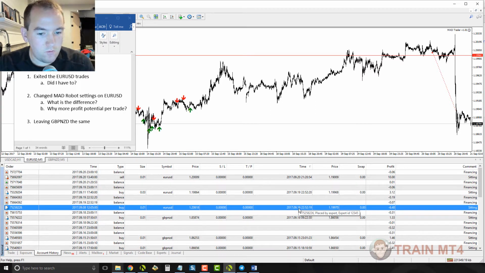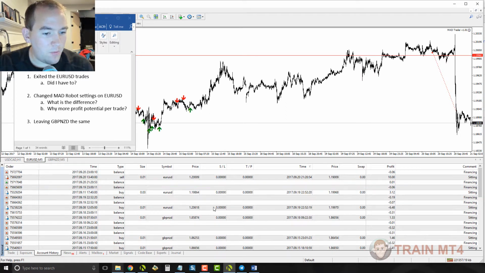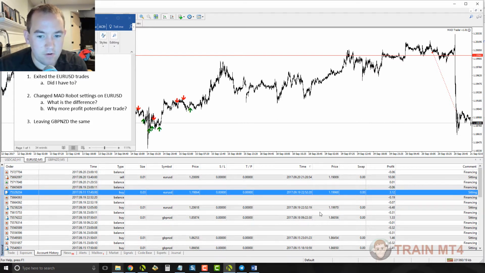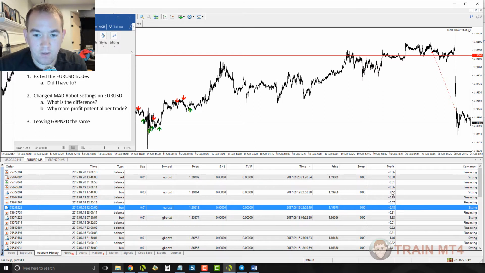So it looks like the trade was open for about 11 days, and the other one was open for about 8 days. I don't know how many business days that was because I'm not going to sit there and count, but it was 11 and 8 calendar days.